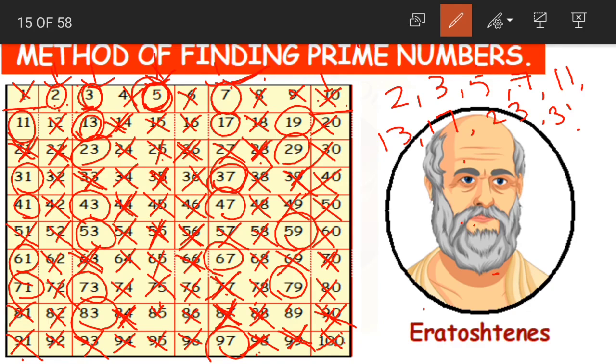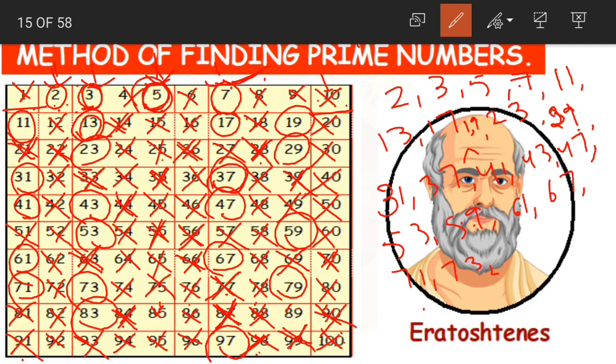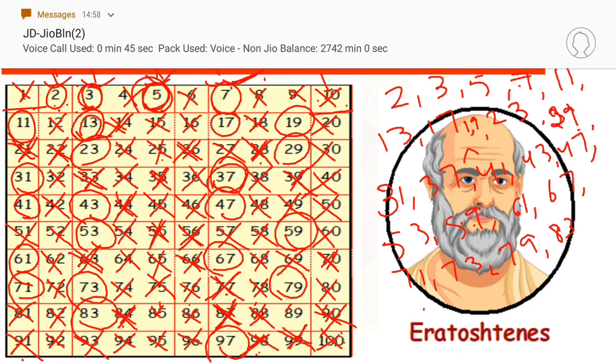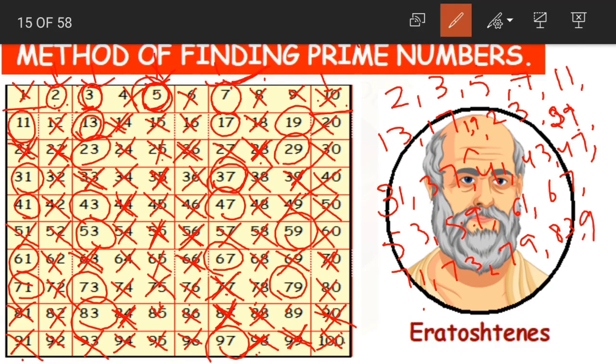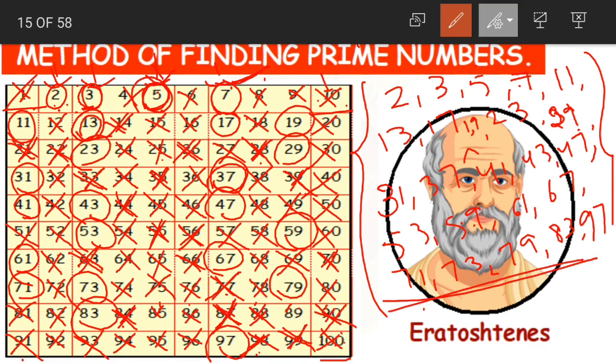Yes, after 17 we have 19, 23, 29, 31, 37, 41, 43, 47, 53, 59, 61, 67, 71, 73, 79, 83 and 97. Okay, children, these are our prime numbers. From the numbers 1 till 100, these are the only prime numbers.